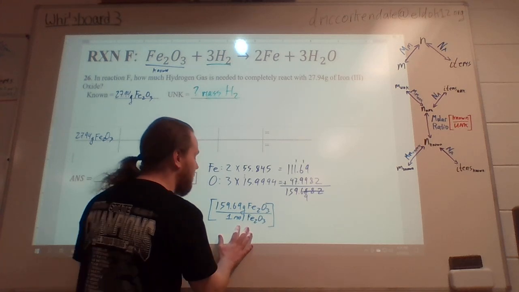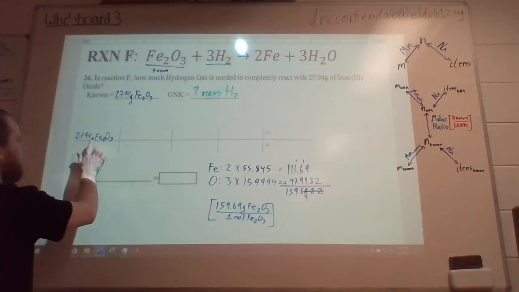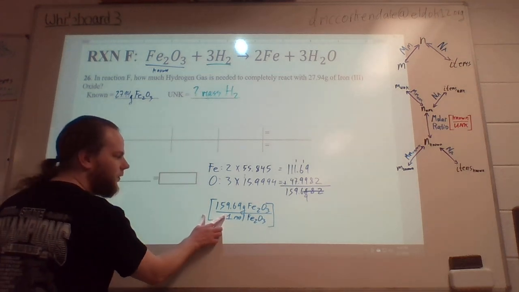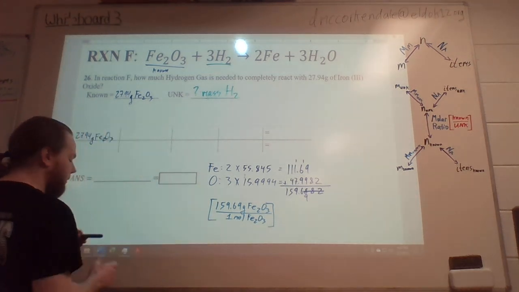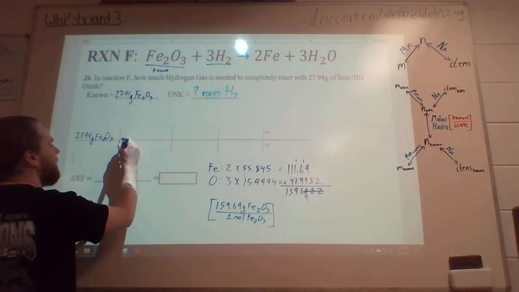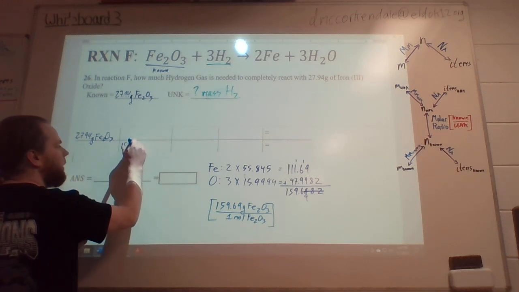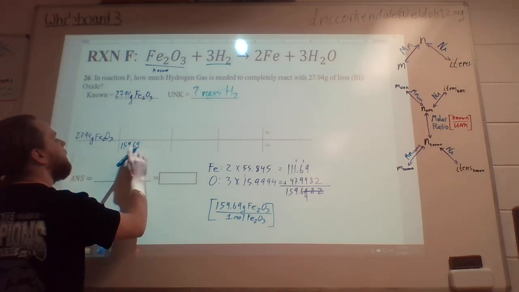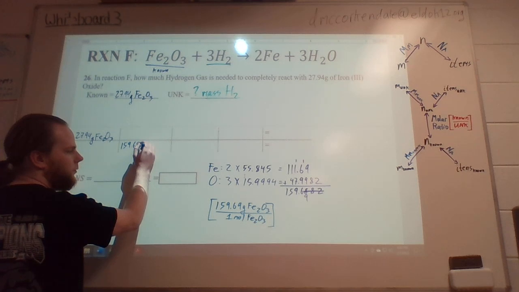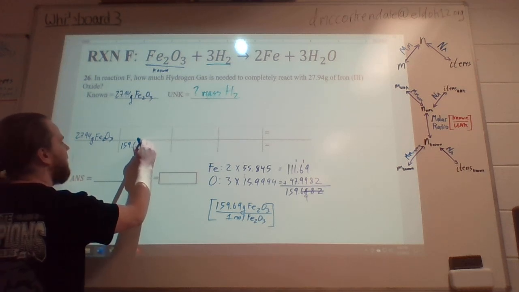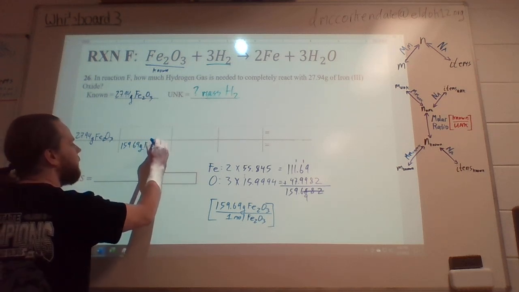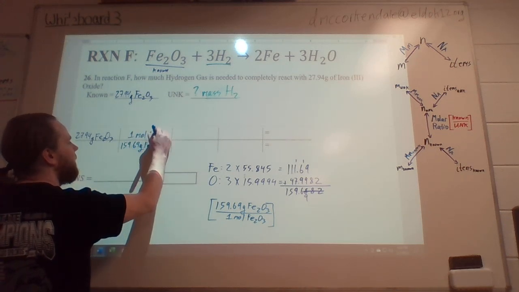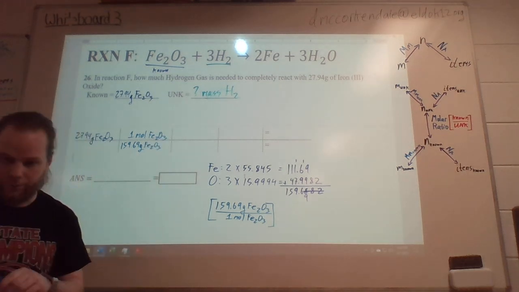So we plug that into our fraction, which must go into the table. As always, we use our units. We have grams Fe2O3 in the numerator over here, so this needs to have grams of Fe2O3 in the denominator. So this is going in upside down: 159.69 g Fe2O3 per 1 mole of Fe2O3.